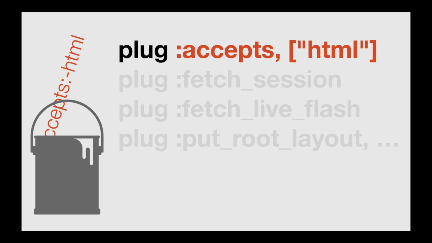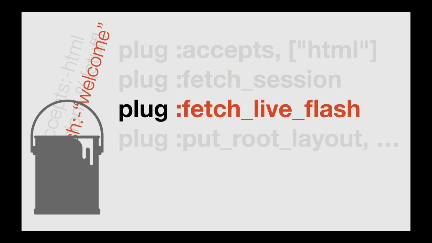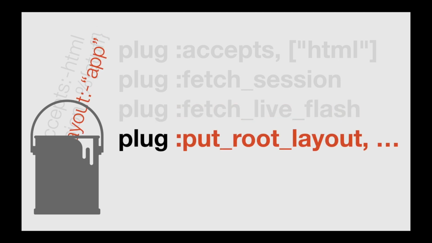When we accept HTML, we add a tiny tag to the connection, to our bucket. When we fetch the session, we go grab the session, which is a map. When we fetch the live flash, this is a LiveView application, so we add some kind of message to the bucket and we make that available in the connection. And then we can add a layout and so on.